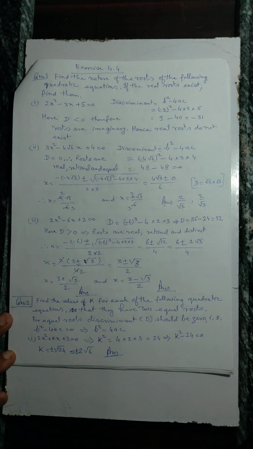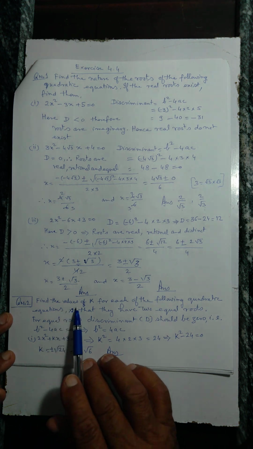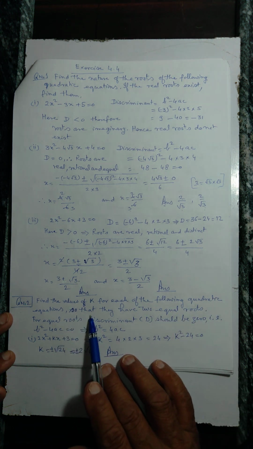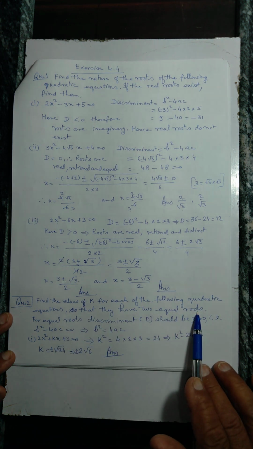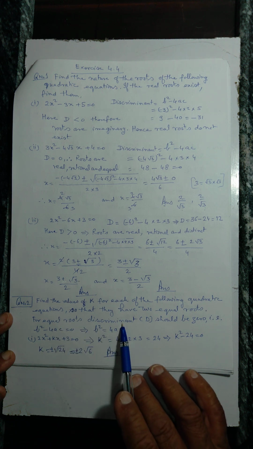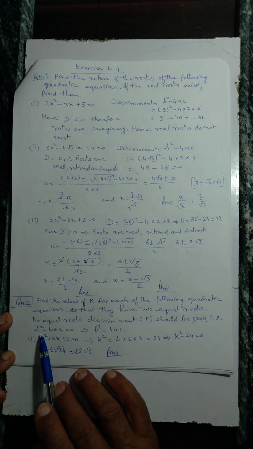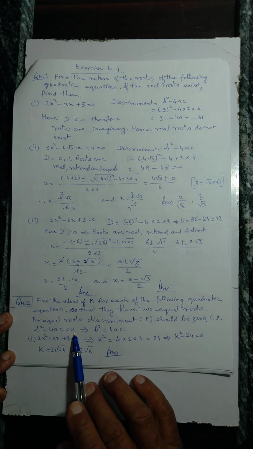Now proceed to question number 2, that is, find the values of k for each of the following quadratic equations so that they have two equal roots. For equal roots, the discriminant should be 0. So let us put b square minus 4ac is equal to 0.